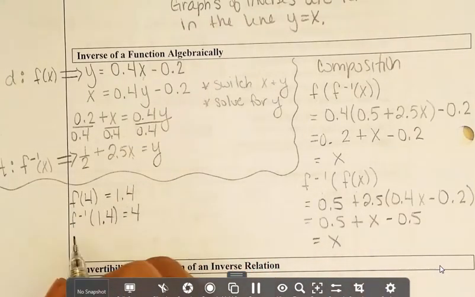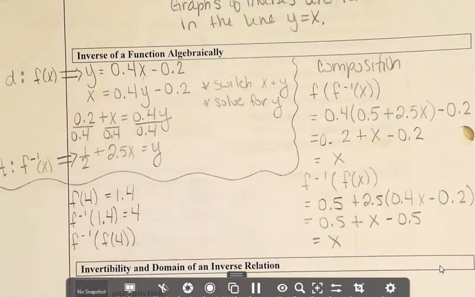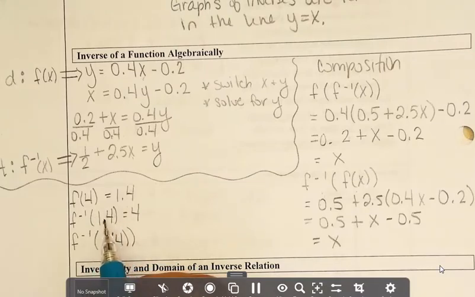Okay? Now if I take the inverse of f of 4, basically what that means, because that's exactly what I did here, f of 4 was 1.4. I plugged that into the inverse, and what did I get out? I got what I started with, the input out, right?